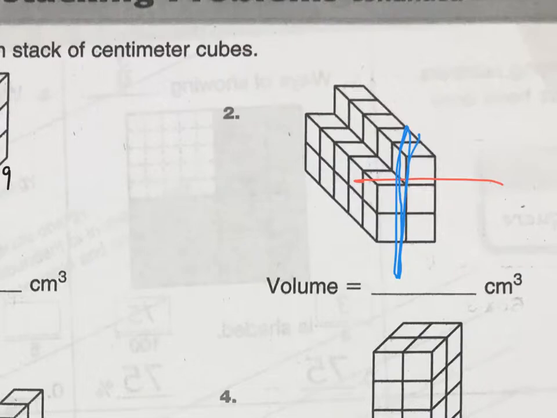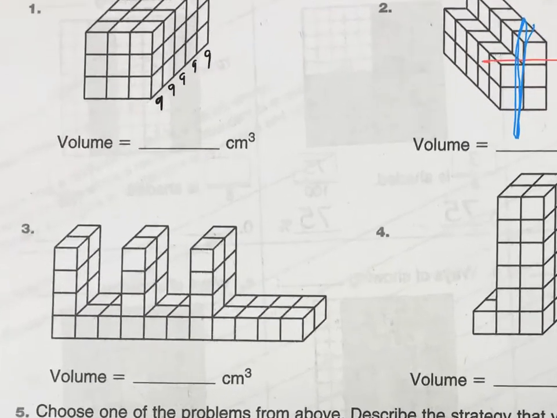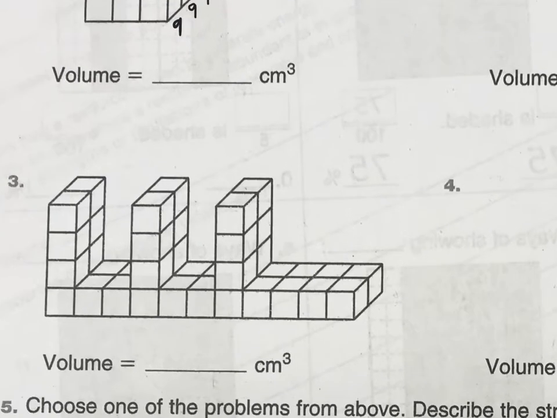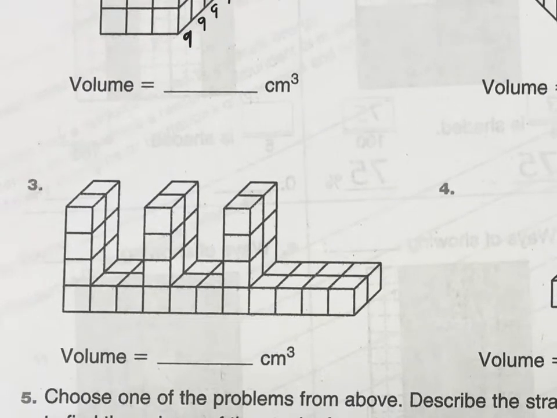Down here, this is even more split up. So how are you going to slice it to figure it out? I think I would slice like here and here, and then there and there and there. Okay, so I'm going to get these big pieces first.